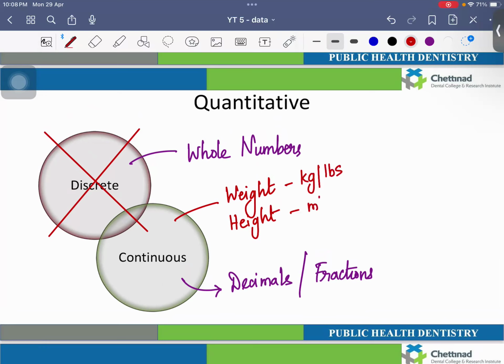Height in meters or centimeters or inches or feet. Somebody can be 57.6 kg. Somebody's height can be 172.5 centimeters. That is possible. So when decimals and fractions are possible, it is called continuous data.